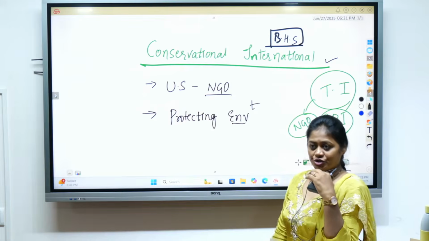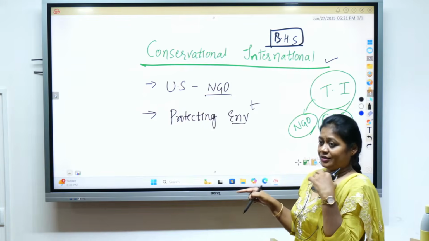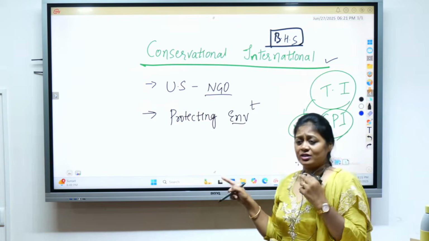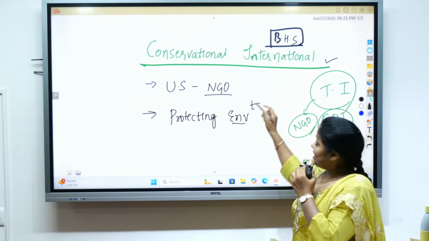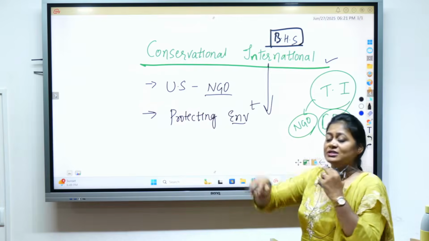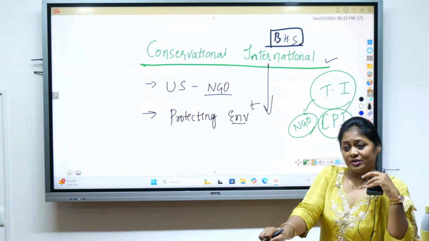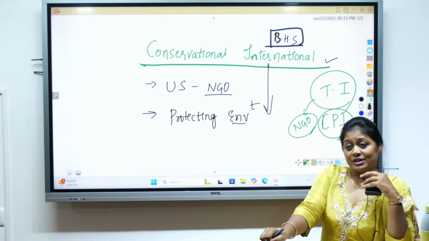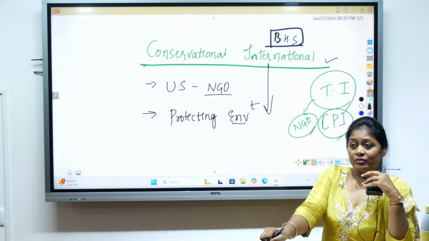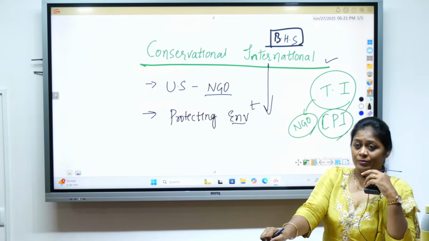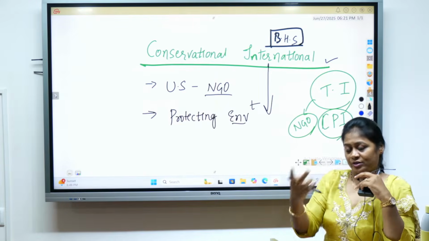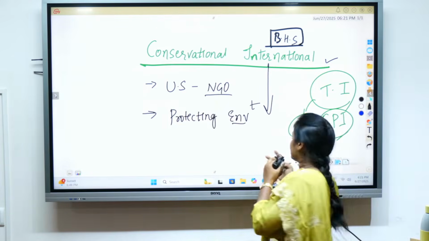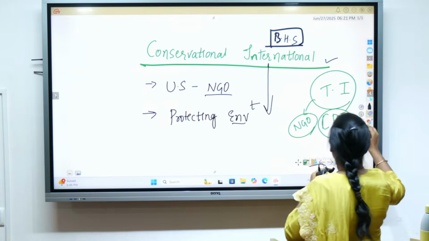Because Norman Myers gave 3 criteria, and those are even imbibed by Conservation International. Conservation International imbibed the criteria from the biologist Norman Myers, and they have come up with 2 sets of criteria.